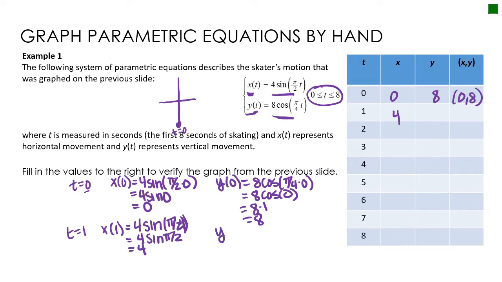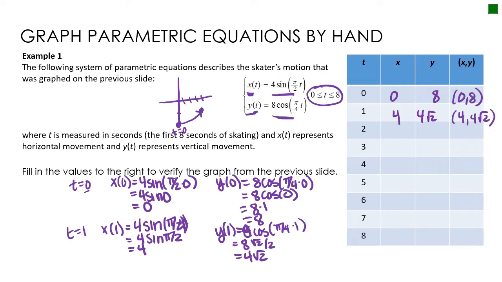For the y value at 1 second, that's 8 times the cosine of pi over 4 times 1, which is 8 times root 2 over 2, which is 4 root 2. So that point is (4, 4 root 2). 4 is about right here, and if this was 8, 4 root 2 is about halfway there. We'd show that as our second point, t equals 1, showing the direction the skater is going.